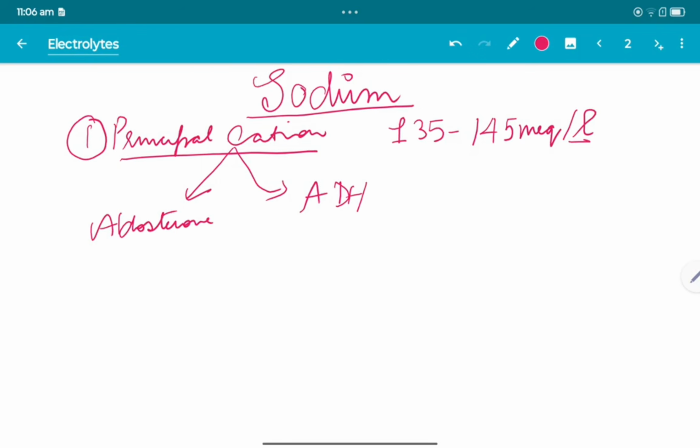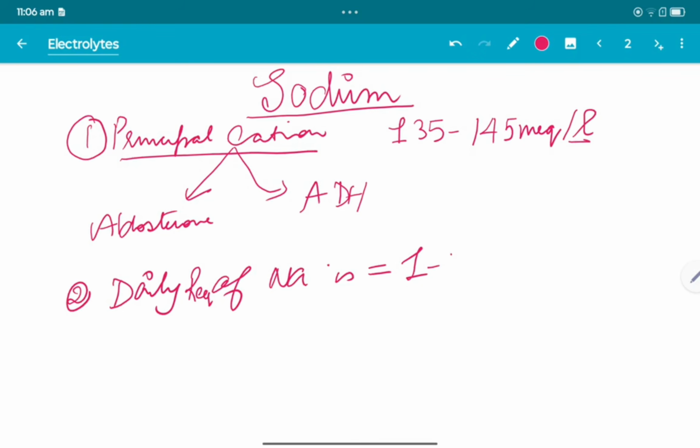Now, what is the daily requirement of sodium? Daily requirement of sodium is 1 to 2 milliequivalent per kg per day.